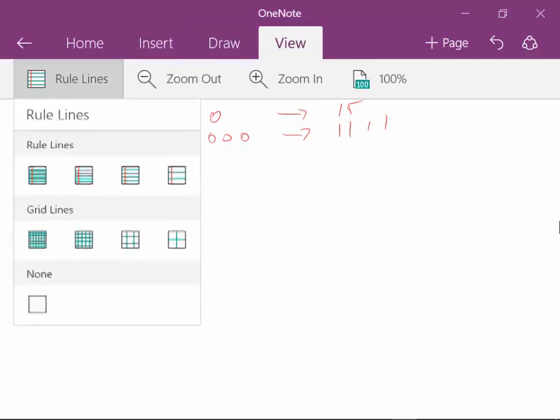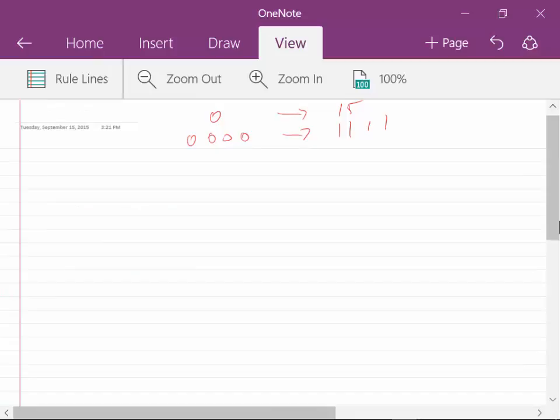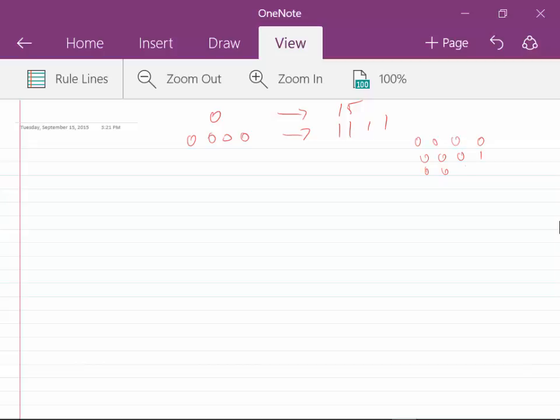If you let me cheat here, and it's not really cheating, I'm just putting the ruler up there so that my handwriting improves. And I write the numbers 0, 0, 0, 0, 0, 0, 0, 1, 0, 0, 1, 0, 0, 0, 1, 1, 0, 1, 0, 0, 0, 1, 0, 1, 0, 1, 1, 0, 0, 1, 1, 1, 1, 0, 0, 0, 1, 0, 0, 1, 1, 0, 1, 0.